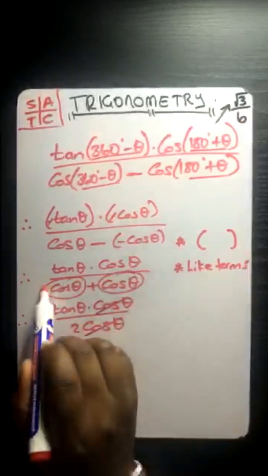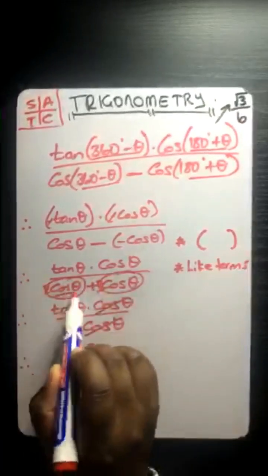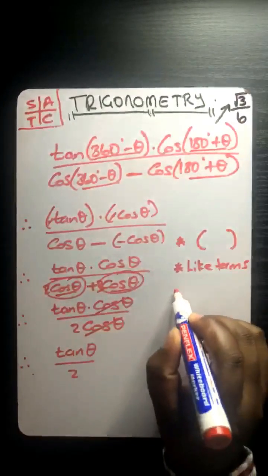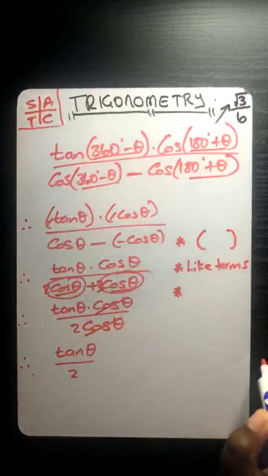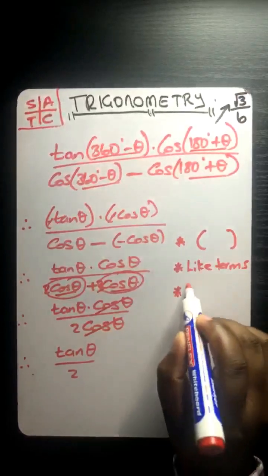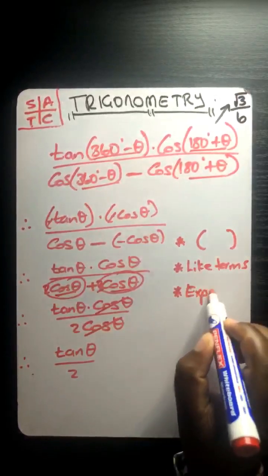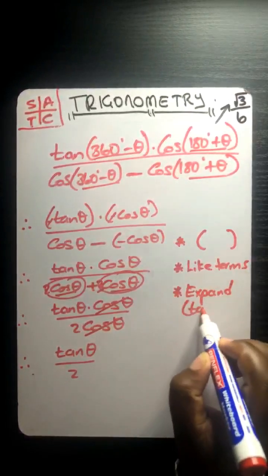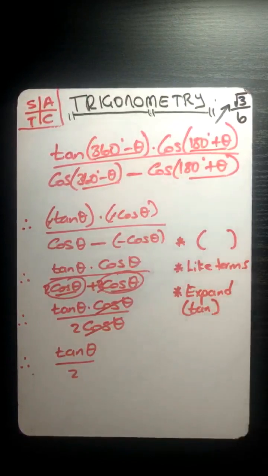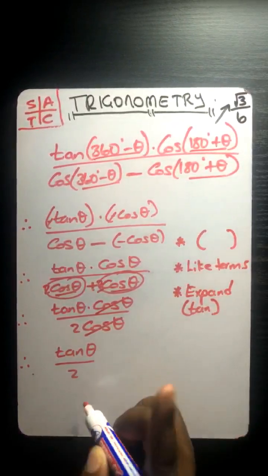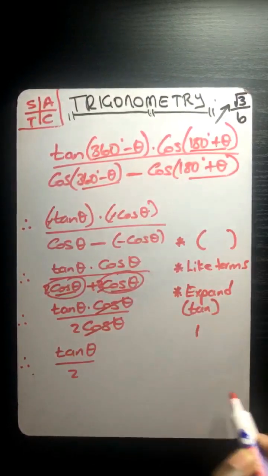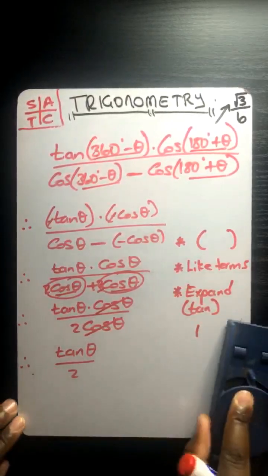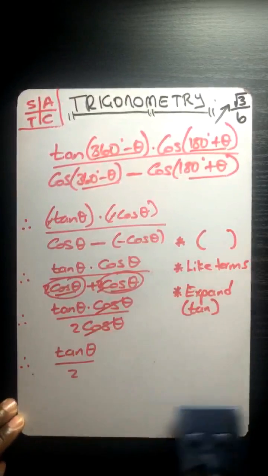It doesn't matter whether you have 2 cos there, 3 cos there, because they are like terms, you work them together. And then lastly, this is where you can expand those that are expandable. Expand. Then in brackets, I would say tan, just to remind me. It's not only tan that you can expand, even 1 you can expand, and some more, but we will get there. For now, we are just doing the basics.